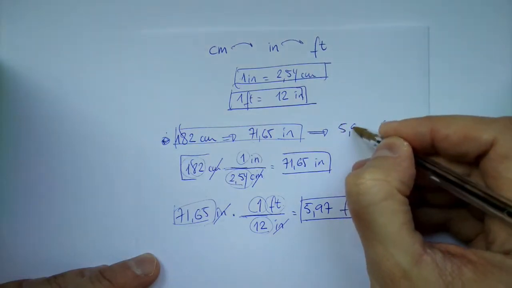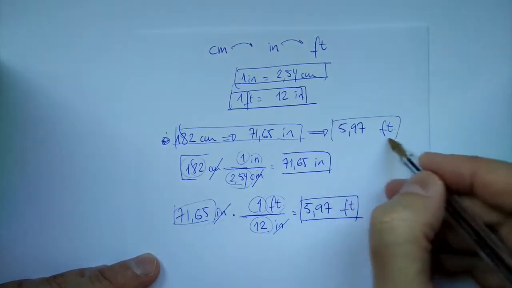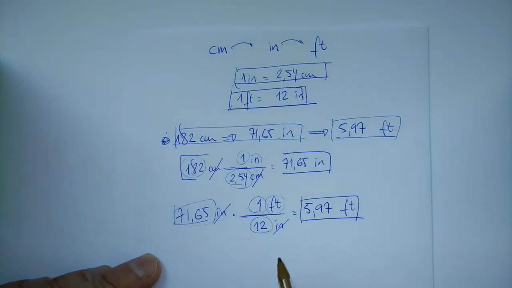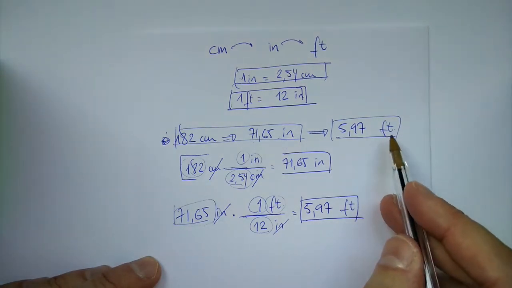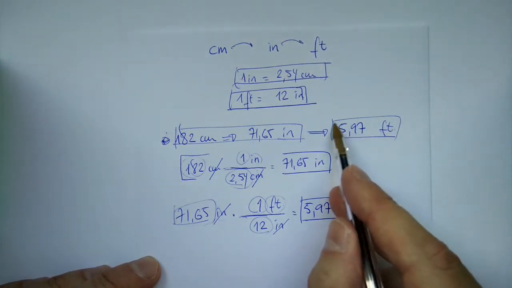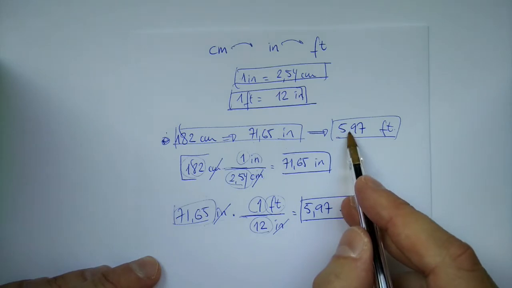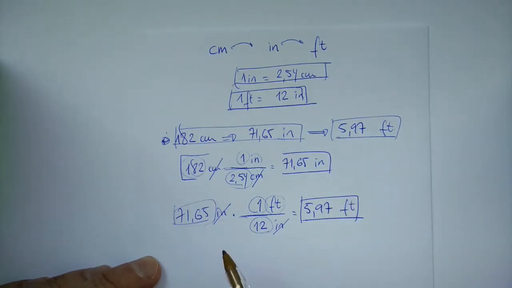Now, Americans don't say height that way. We don't say 5.97 feet. That's not normal. Height is feet and inches. We don't use decimals. So I'll take the 5, I have 5 feet, and the 0.97 feet we are going to convert into inches.